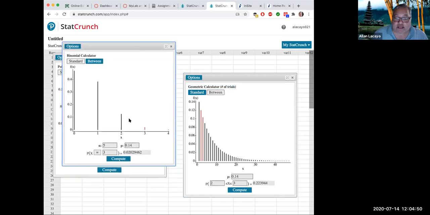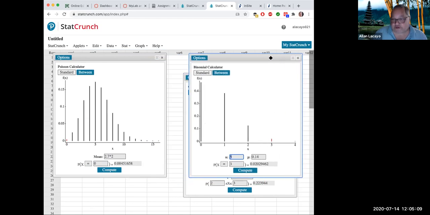A binomial calculator tells us how many times something occurs, how many successes there are out of a certain number of times we try something. So it's successes out of trials, as opposed to the geometric model, which was how many times we have to try something until we succeed for the first time.